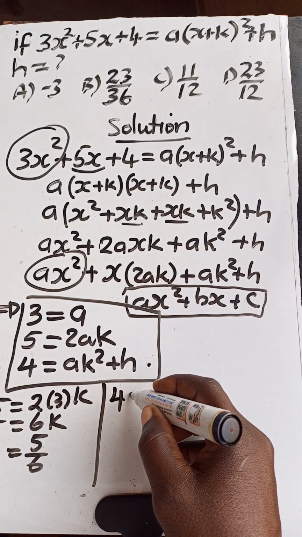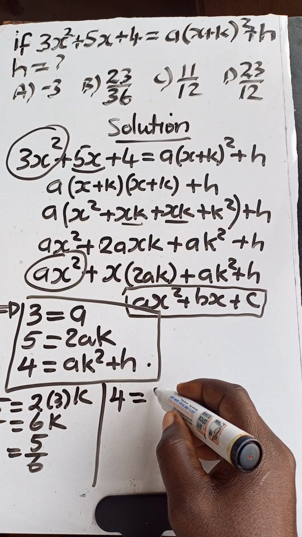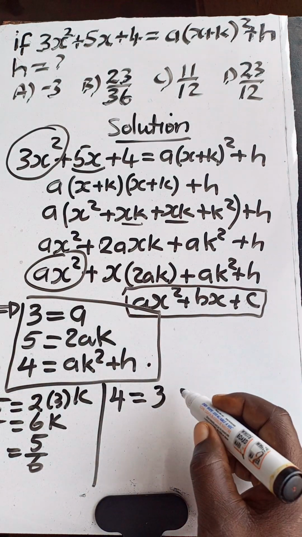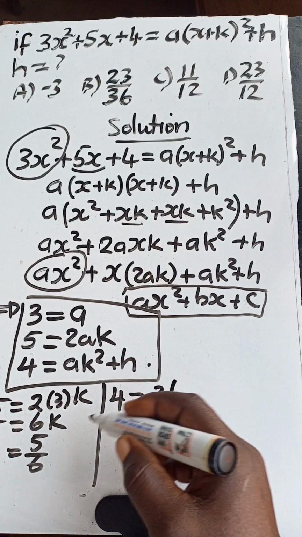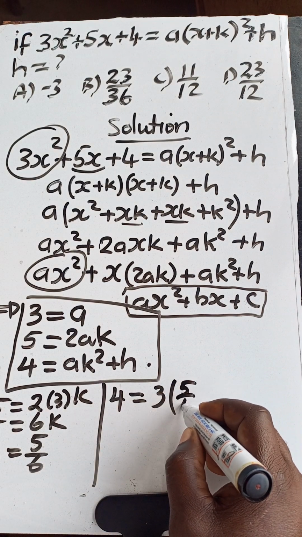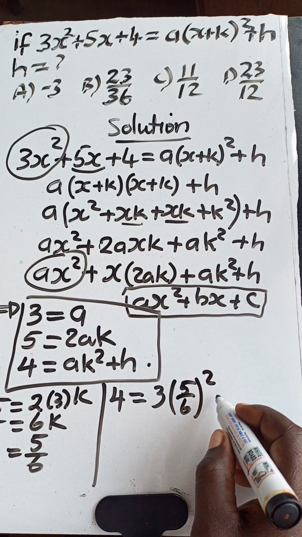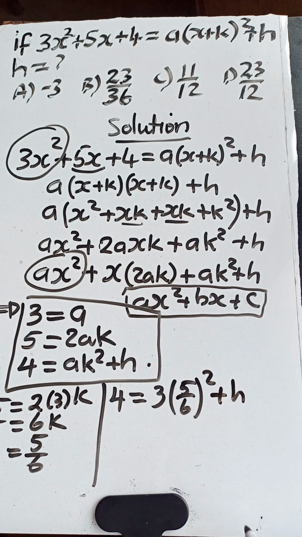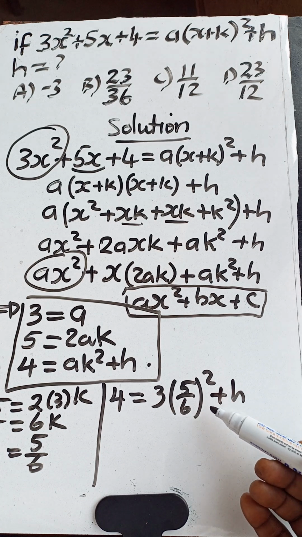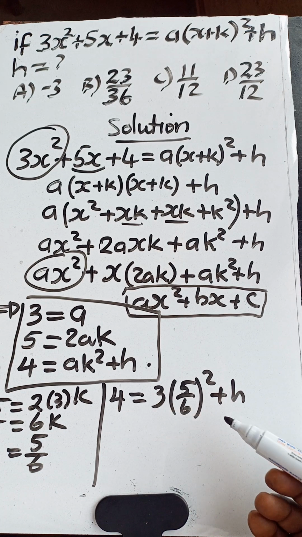We know a and we know k. So we have 4 is equal to our a, which is 3, multiplied by k squared. K squared becomes (5 over 6) squared, then plus h. You now see that the only unknown is h. We are now able to solve for the value of h.